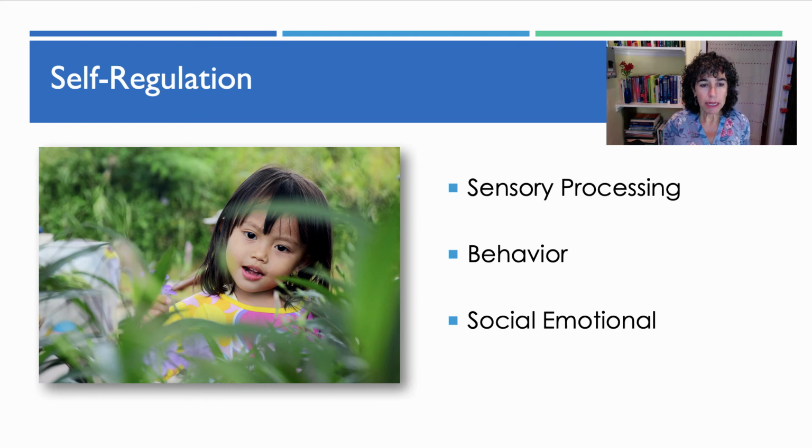It's partially about increasing one's task behavior and the ability to regulate one's own behavior. So just because I feel like falling on the ground screaming, which a 2-year-old would do, the preschooler doesn't necessarily go there. So that's a piece of self-regulation.